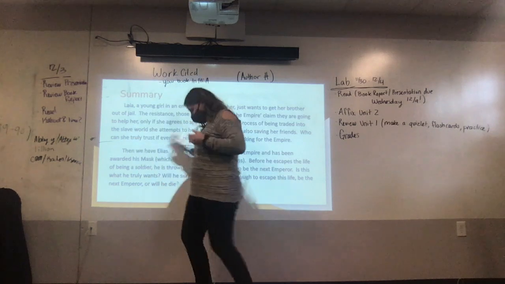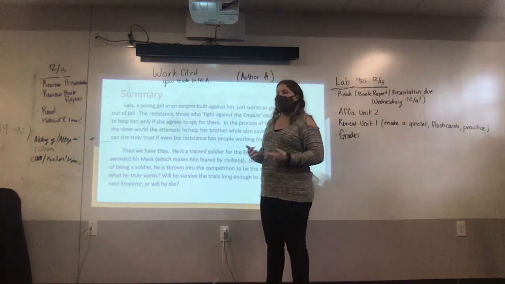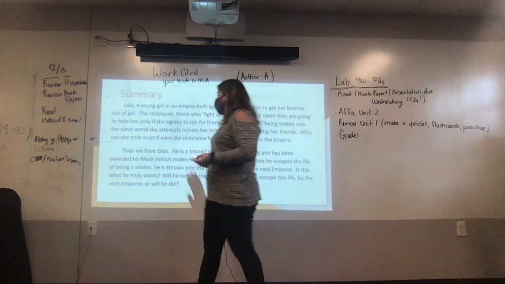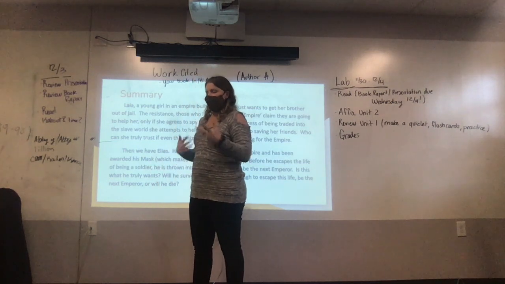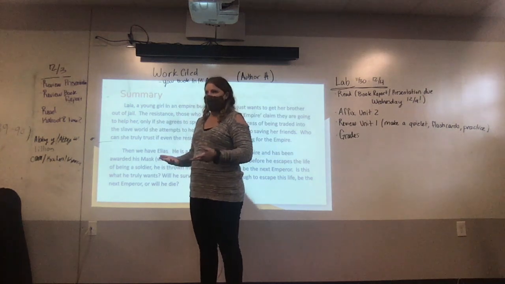So she kind of teams up with the rebellion to see what she can do to help get her brother out, and she kind of ends up going undercover and doing a lot of risky things. Then we have Elias, who's kind of like Finn in the newer Star Wars movies, where he doesn't really agree with what's going on in the Empire.